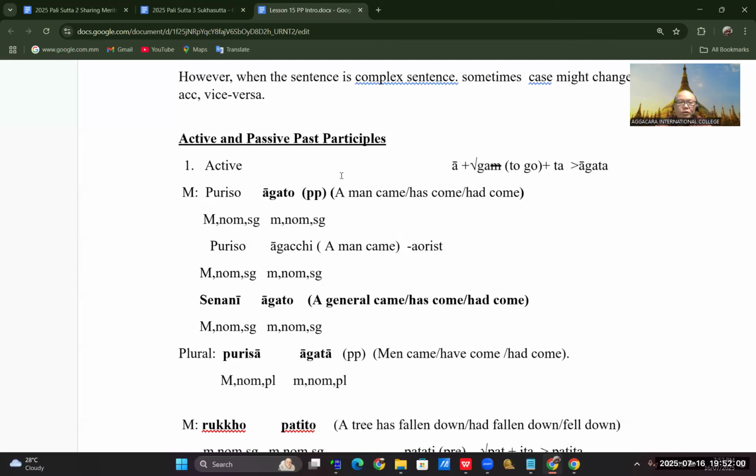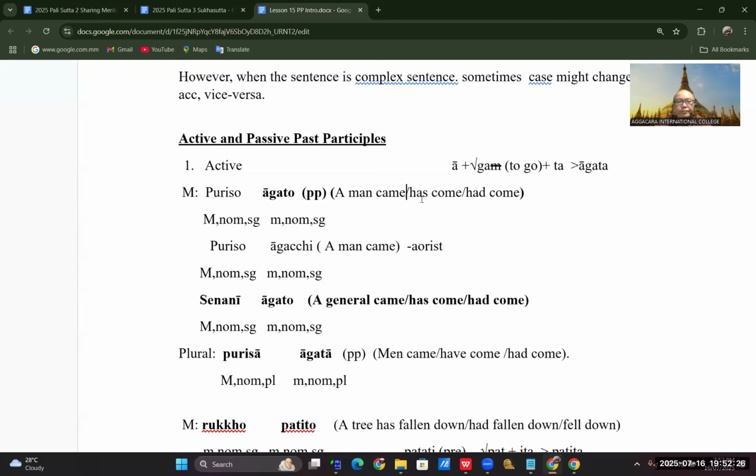Okay, so how should we translate it? A man came. A man has come. A man had come. All right. So in three ways, literally; later we'll explain the different ways. So literally, agato, you can make a very simple sentence: puriso agato. A man came. A man has come. A man had come. Three ways.